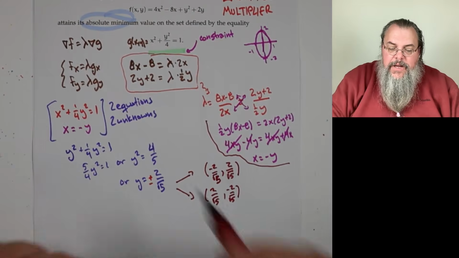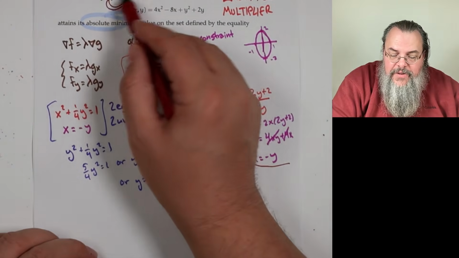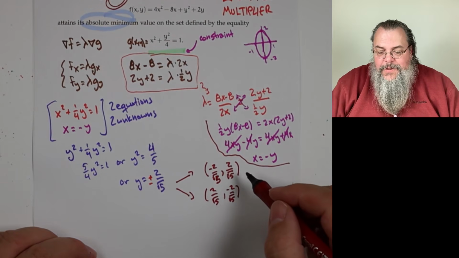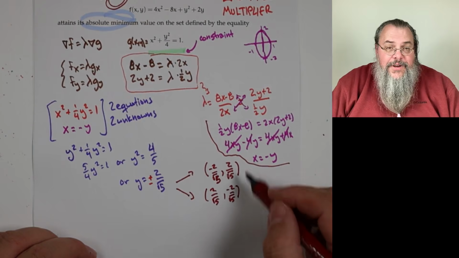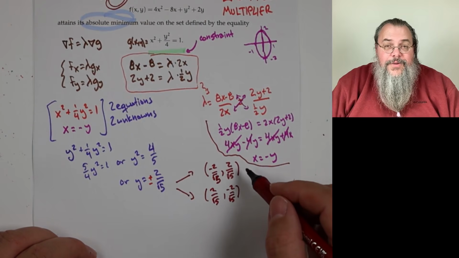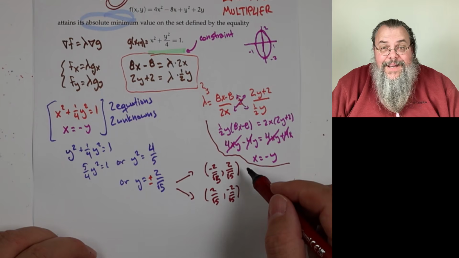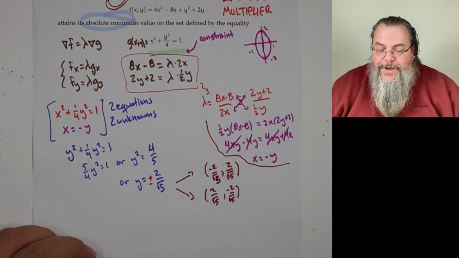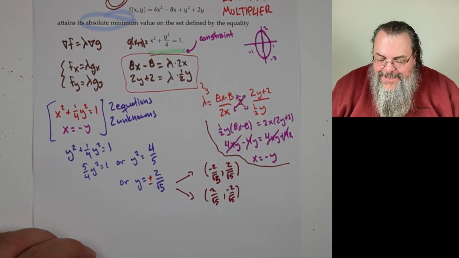And notice we are after the point. One of these will attain a larger value than the other. In fact, one of these is going to be the absolute max. One of them will be the absolute min. How do we find out?